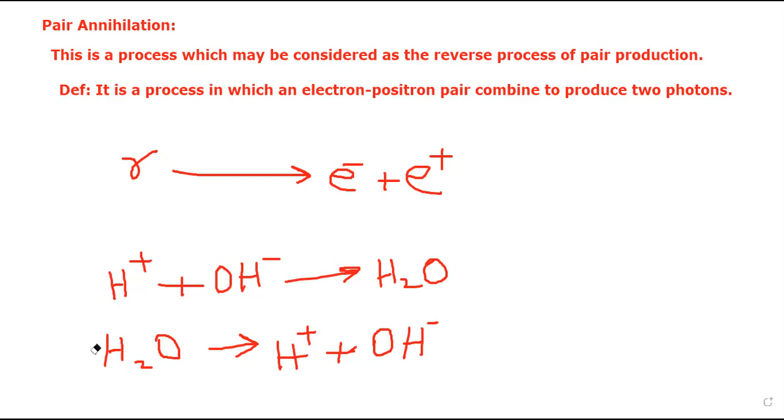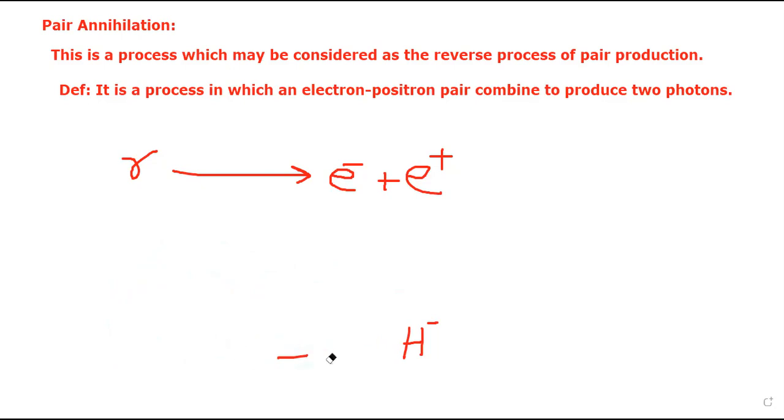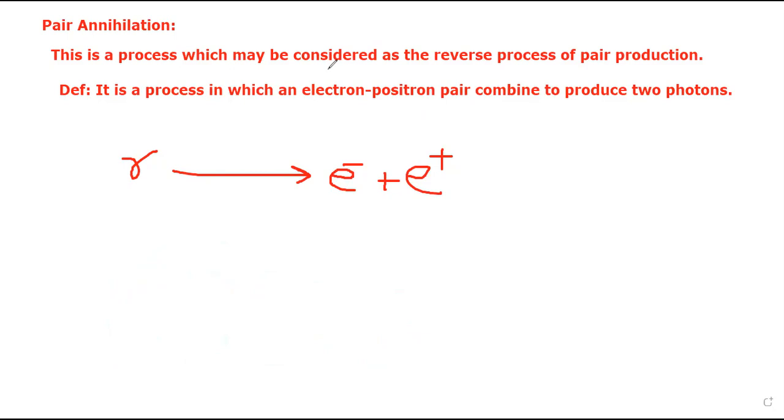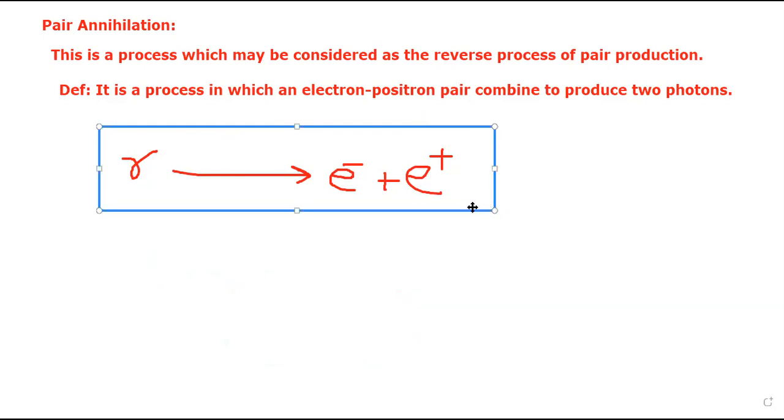If this process is reversed, then when electron and positron combine with each other, they must make a single photon.